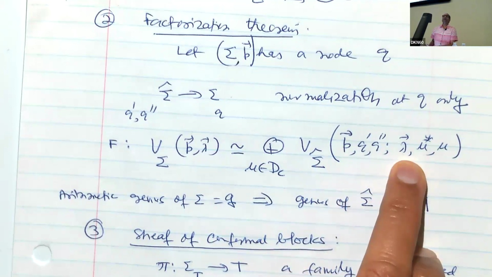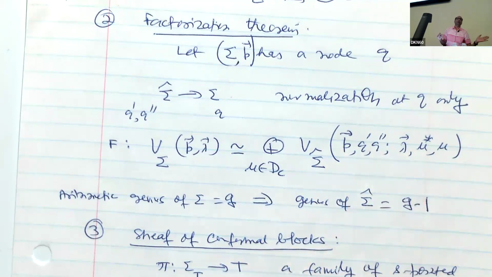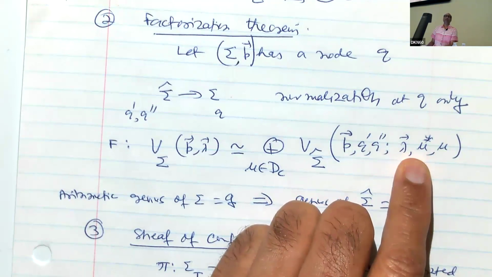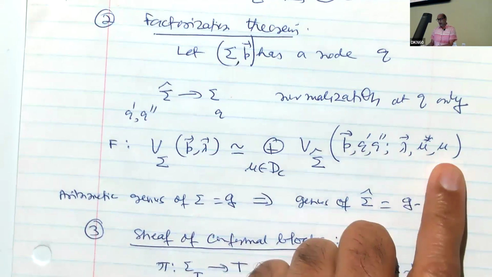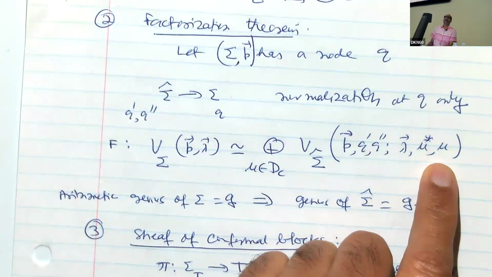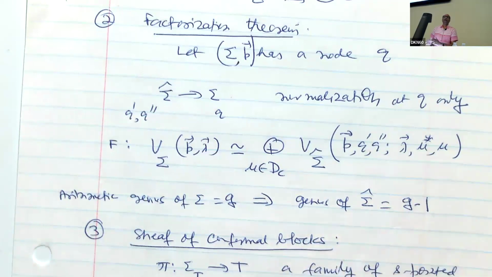Now I keep the same lambda I attached to the original points Pi, but to the point Q prime I attach mu star, that's the dual of mu, and to the point Q double prime I attach mu. And mu runs over all weights in D, the dominant integral weights for the integrable highest weight modules. And I sum it up. The factorization theorem says that these two spaces are isomorphic.